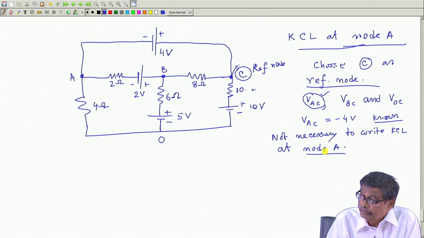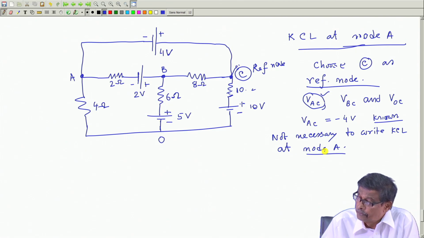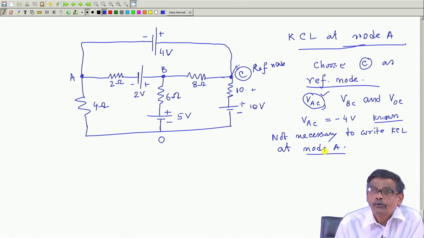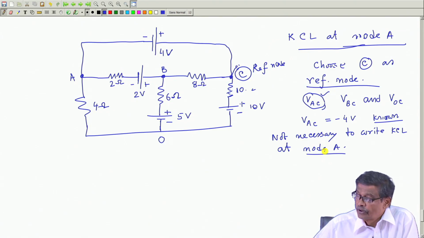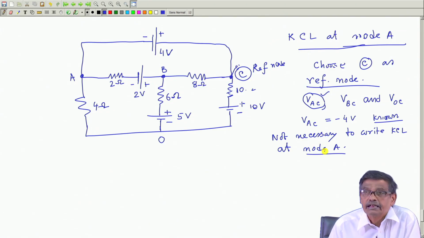So, we have to write down the KCL at node B and at node O, and I will generate those 2 equations from which I will be able to calculate VBC and VOC.